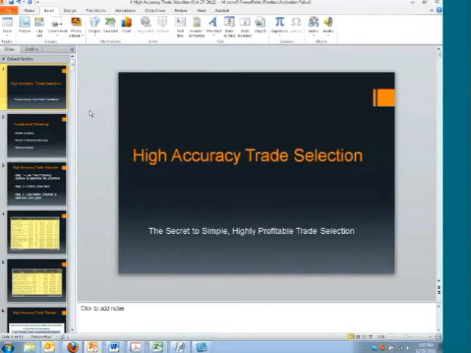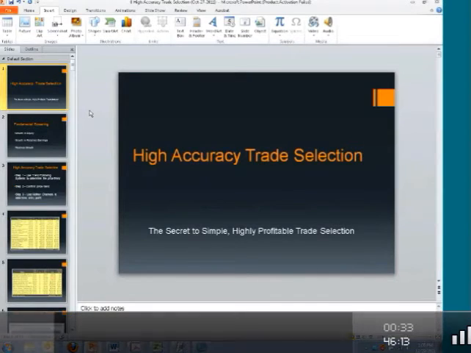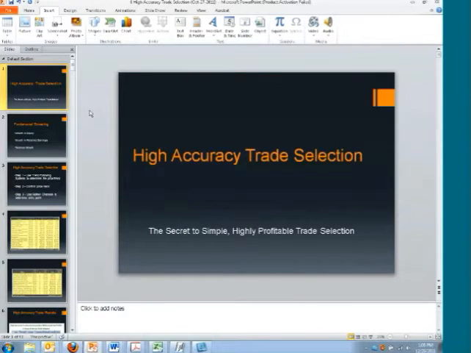So today we're going to focus on our trade selection process that we use to select stocks and options.